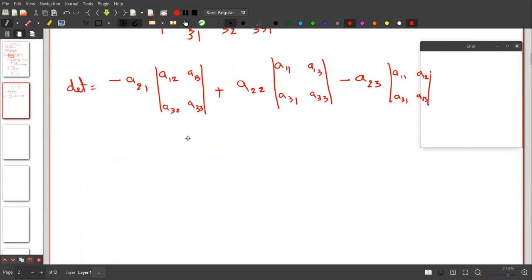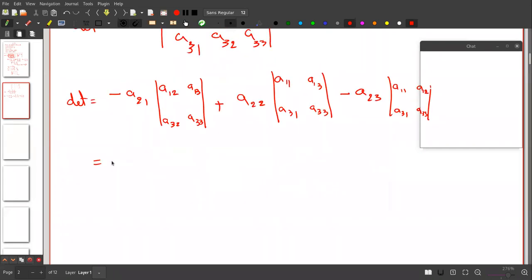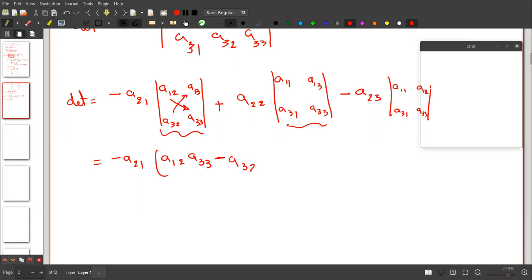Okay. So it's easy now. So you can calculate the determinant now. So this is A21. How do we calculate these terms? We multiply these. So A12, A33 minus, we multiply these, so A32, A13. The next term is A22. What we do, we multiply this minus this. So A11, A33 minus A31, A13.